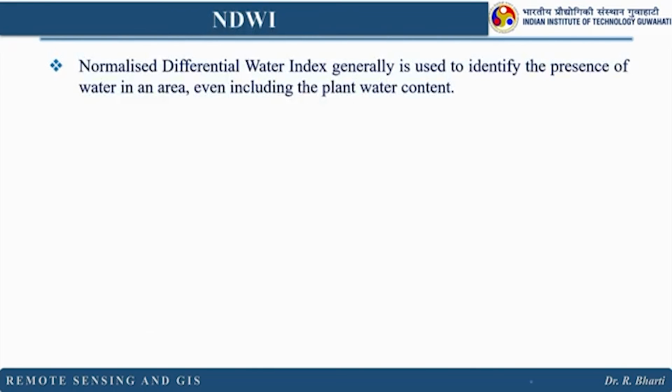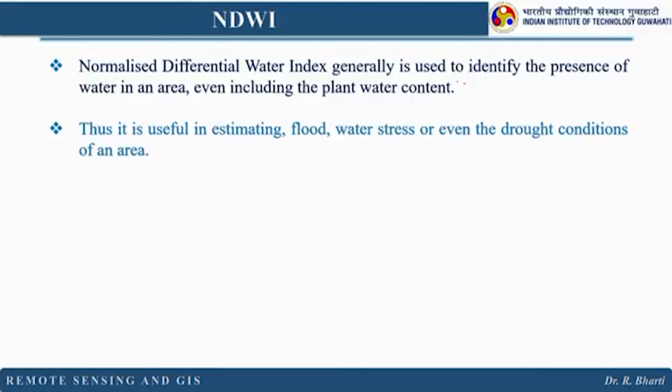Now, there is another index known as the normalized difference water index, which is used to identify the presence of water in an area, even including the plant water content. So this can highlight surface water as well as plant water content.